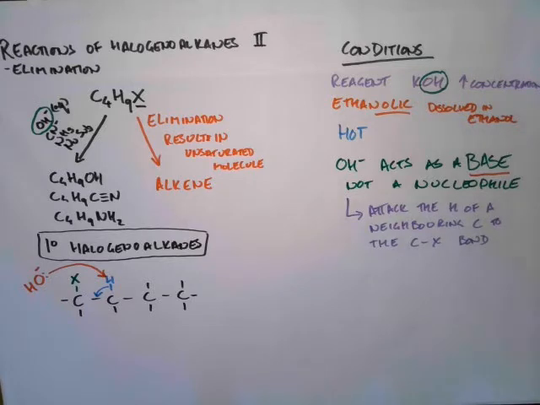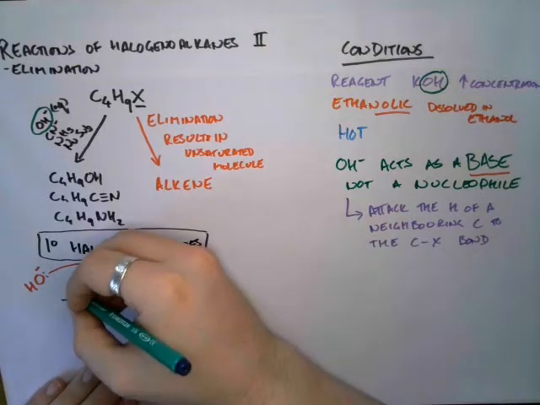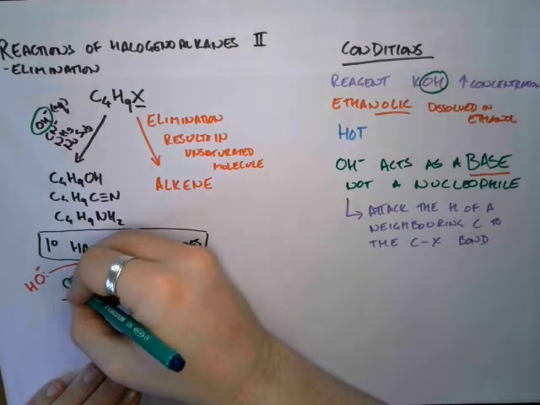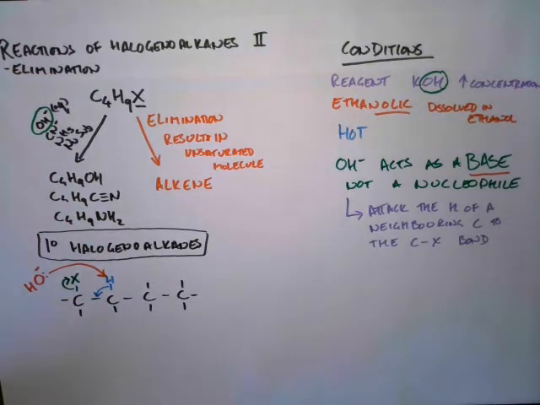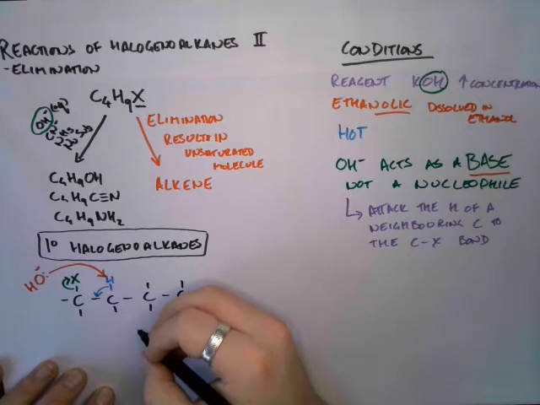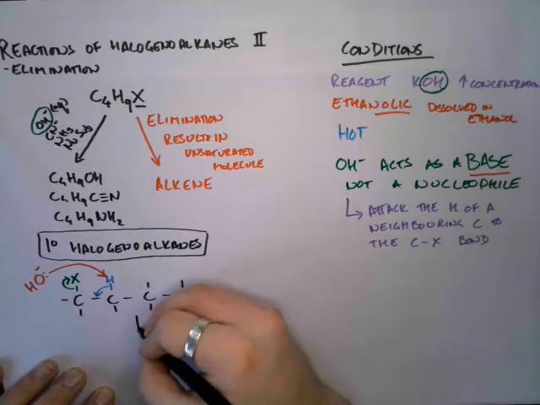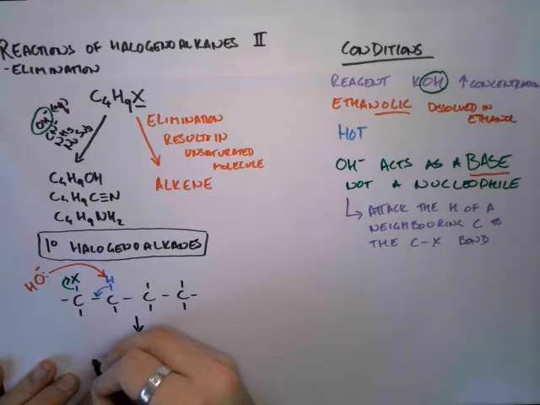In turn, the extra electron density repels these electrons and it comes up to the CX bond. So as a result, what we're going to end up with is the production of the following compound. You're going to have your carbon here.